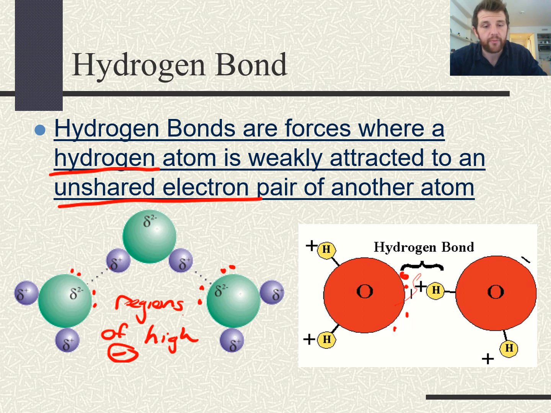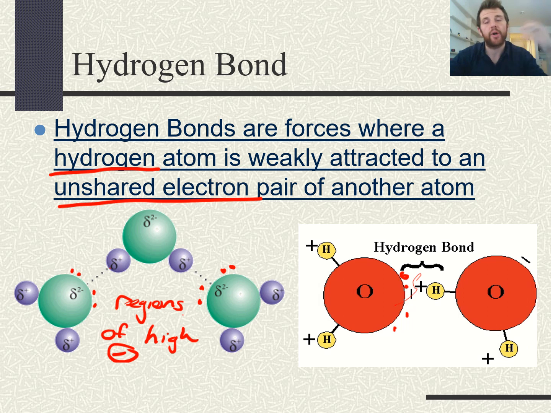These are regions of high negative charge, because you have electrons just sitting out there with no bonds attached to them. And this partially positive hydrogen is very attracted to those lone pair electrons.